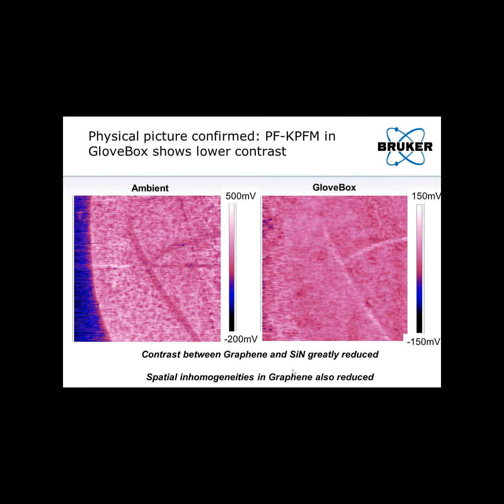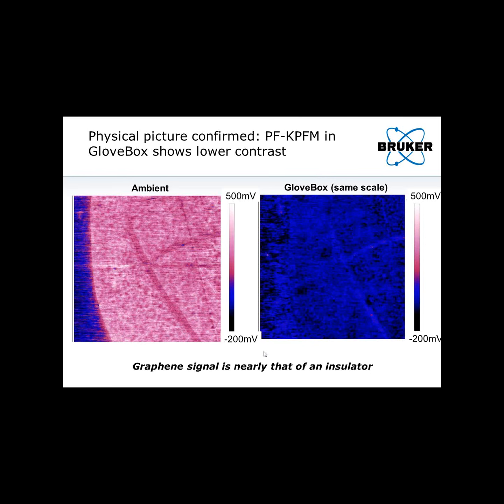And the spatial inhomogeneities in graphene are also reduced. I'll demonstrate that in a couple of slides. But we can also try to put this image on the same scale. And if you put it on the same scale, it just kind of looks like an insulator. And the graphene signal is much lower.